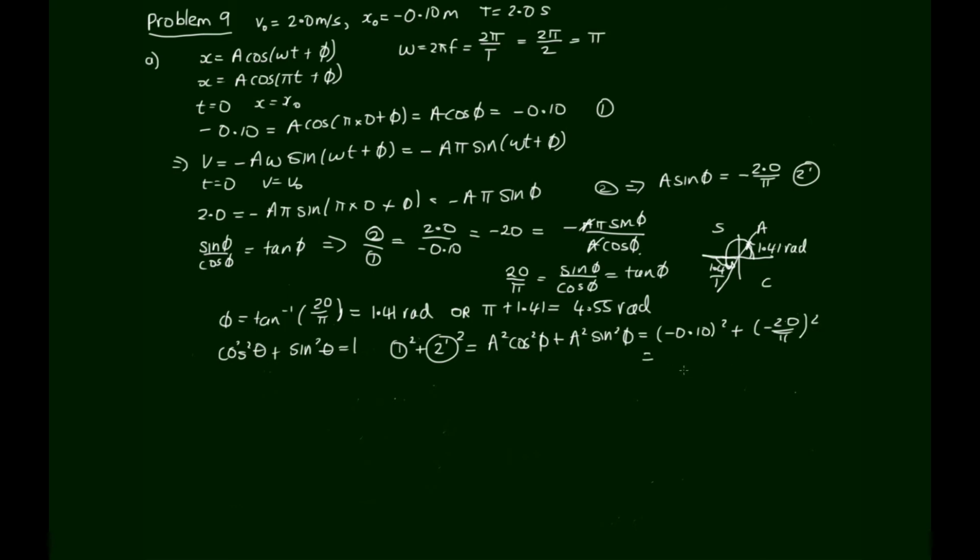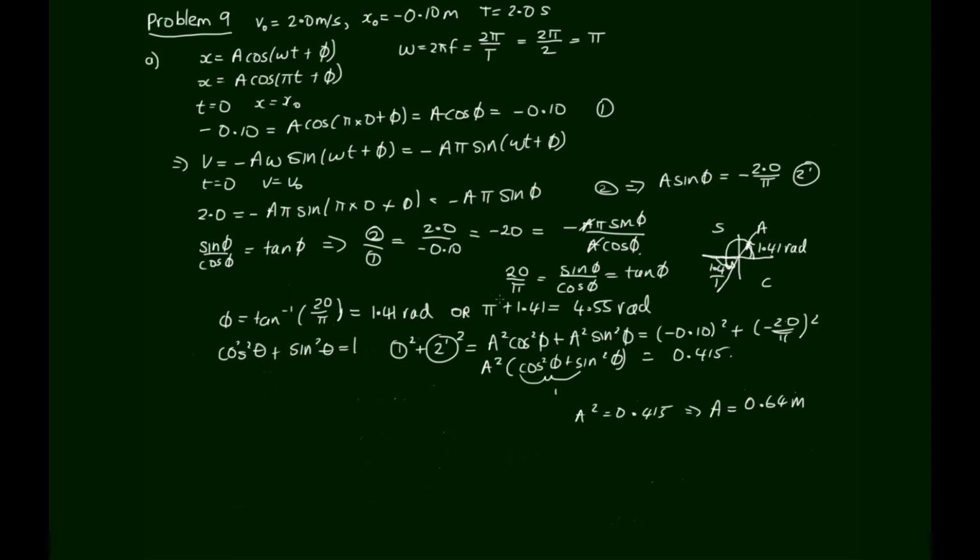Solving this part on the calculator, we end up with 0.415, and looking at this part, we can take a squared out as a common factor, times cos squared phi plus sine squared phi. But cos squared phi plus sine squared phi is the same as cos squared theta plus sine squared theta, and that's always equal to 1. So this is 1, so we've got a squared is equal to 0.415, and so that tells us that a is equal to 0.64 meters.